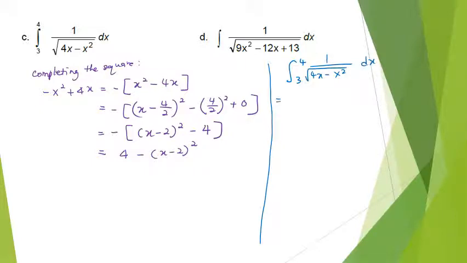Okay, is equal to integrate 3 to 4, 1 over square root 4 minus x minus 2 square dx. Okay, using u substitution.